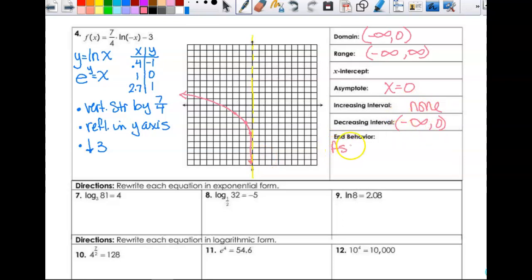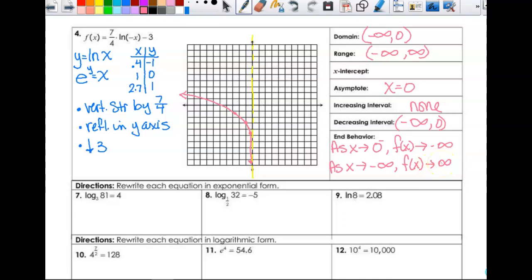End behavior: as x approaches, it doesn't approach infinity, it approaches 0 from the left. F of x approaches -infinity, and then as x approaches -infinity, f of x approaches infinity.